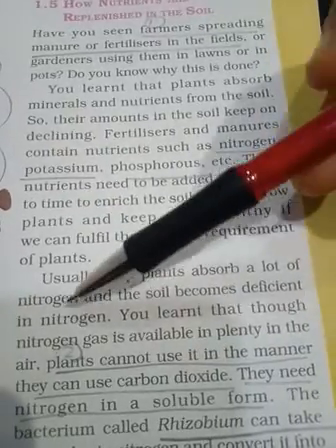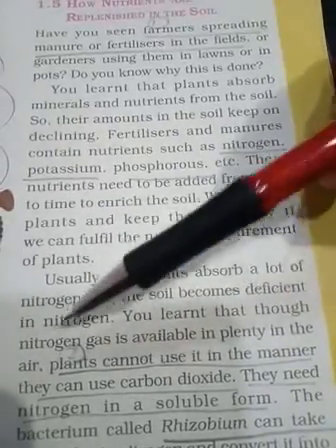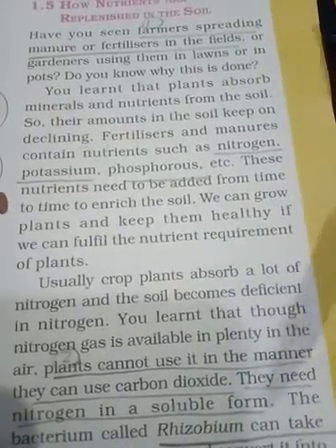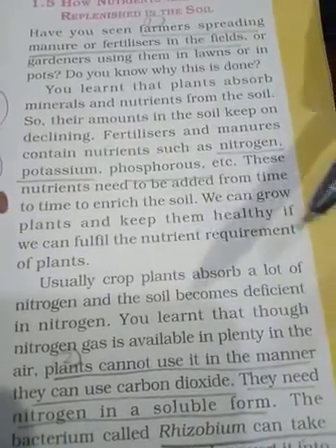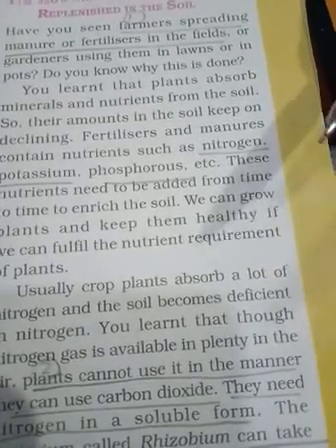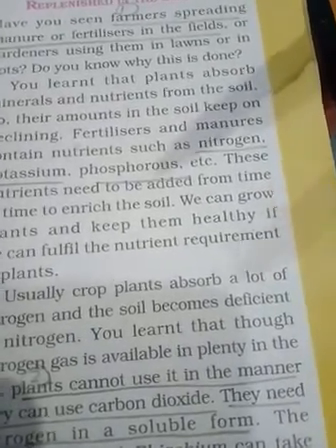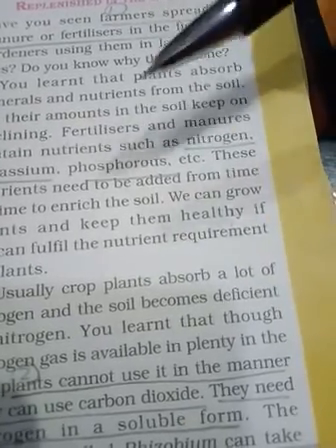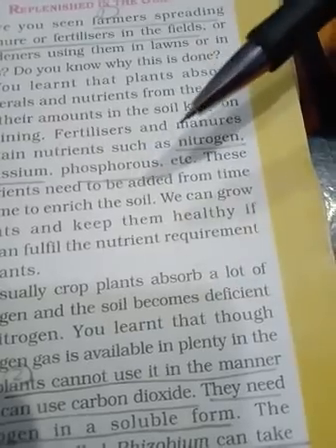We know that nitrogen gas is available in plenty in the air, but the plant cannot take this nitrogen directly. The plant cannot take this atmospheric nitrogen directly. Like carbon dioxide, the plant can take carbon dioxide from the air, but the plant cannot take nitrogen from the air.